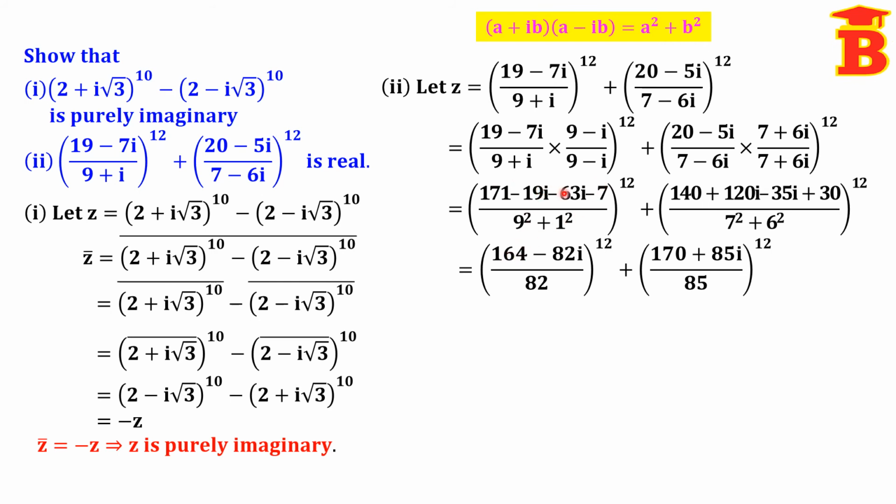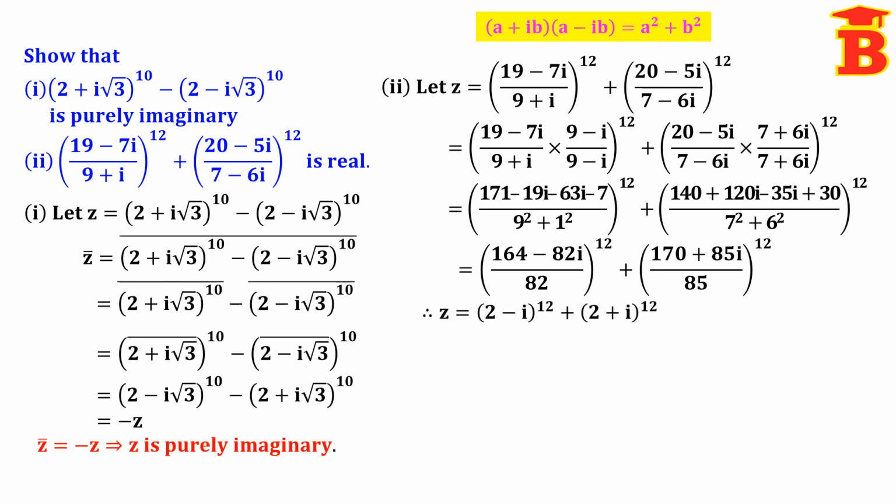And adding the i term, we get minus 82i divided by 81 plus 1, 82, whole power 12 plus second term 140 plus 30, 170. Adding the i term we get plus 85i divided by 49 plus 36, that is 85, whole power 12.